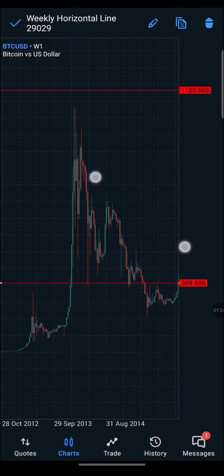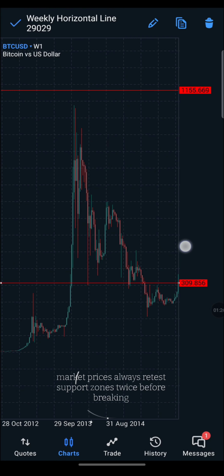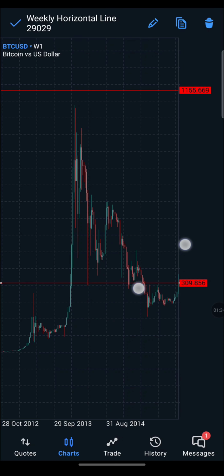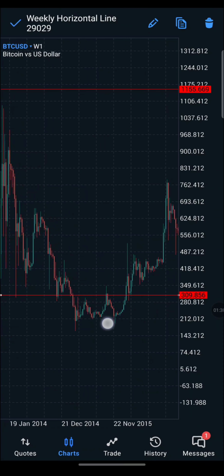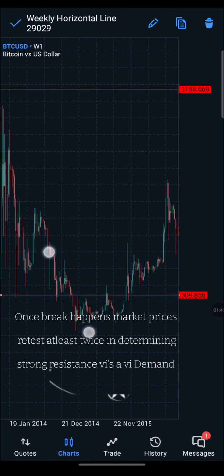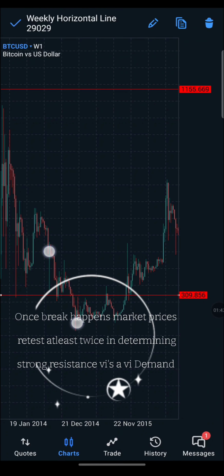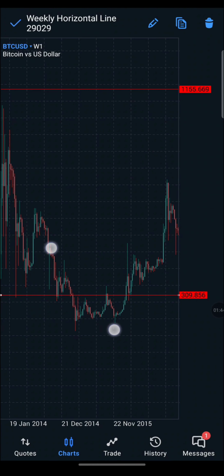See it retesting here, coming back, retesting for the second time. Then it retested here and here for the second time, and then finally broke away. And once we have this break here, we see the price is dropping a little bit, going back up and retesting again here.